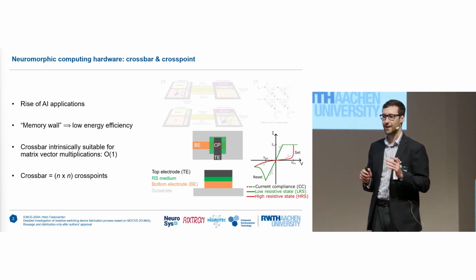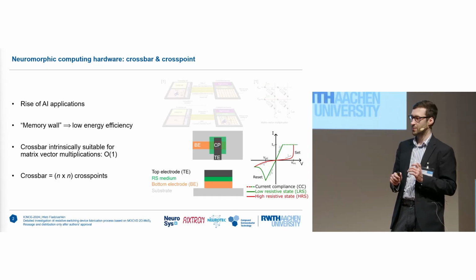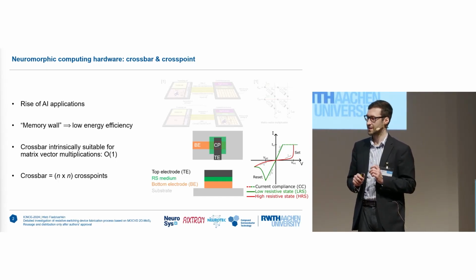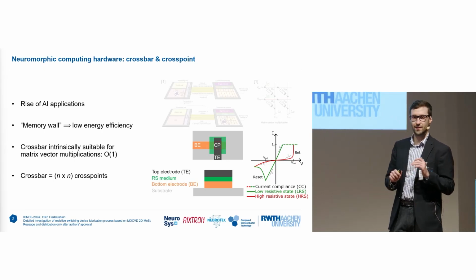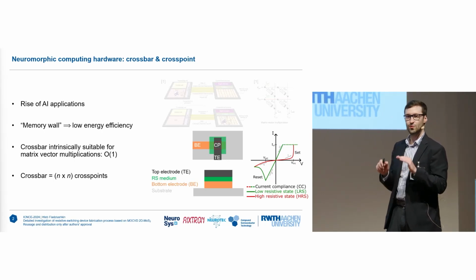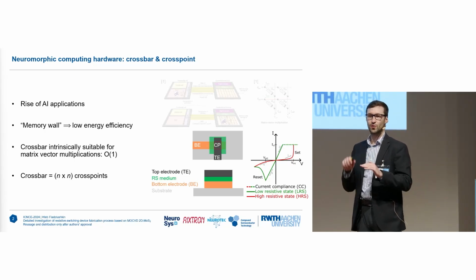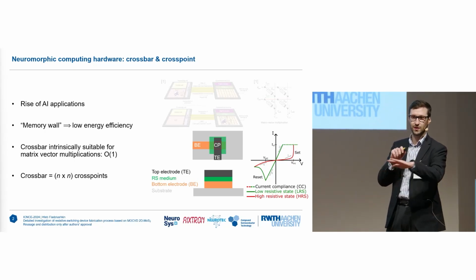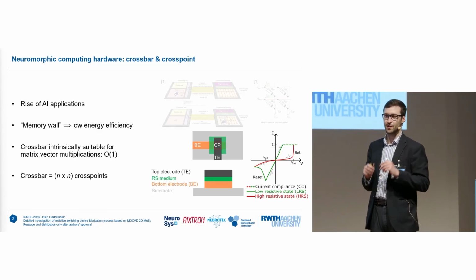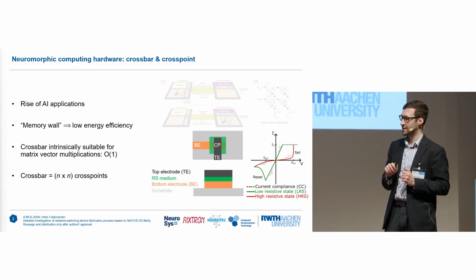Typically, we require them to be able to switch between at least two distinct resistive states. The physical structure is rather simple: we have two metal electrodes, one on the bottom, the other one on the top, and the resistance switching material in between, which is responsible for this functionality.